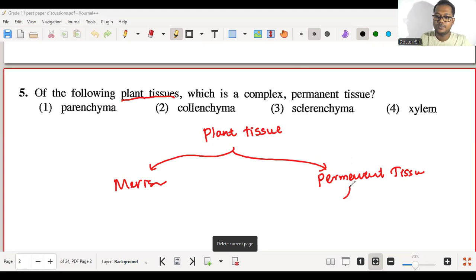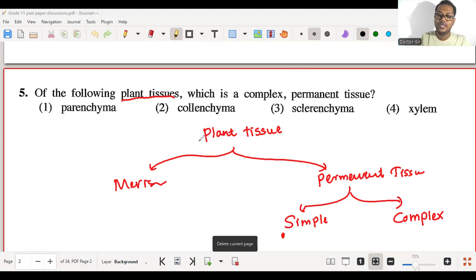Permanent tissues we can divide into two subcategories: one is simple, another one is complex.